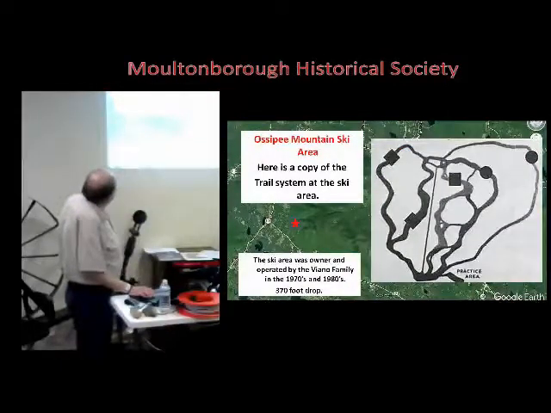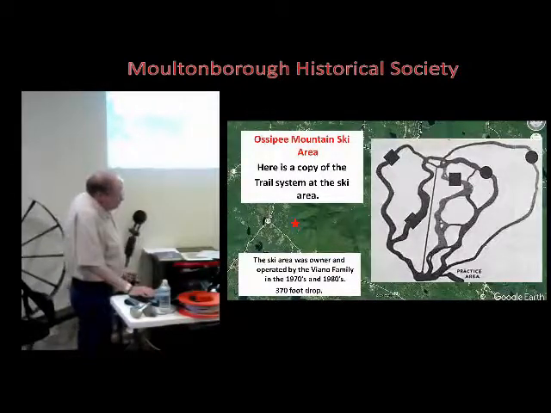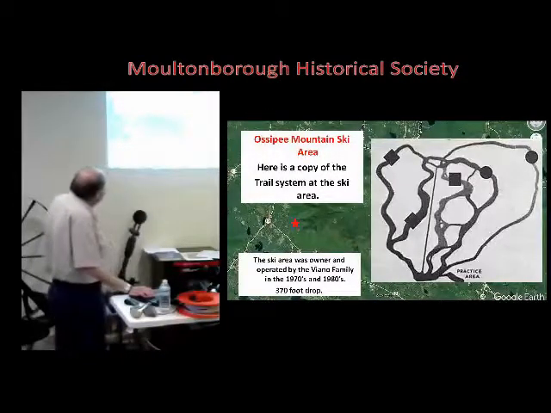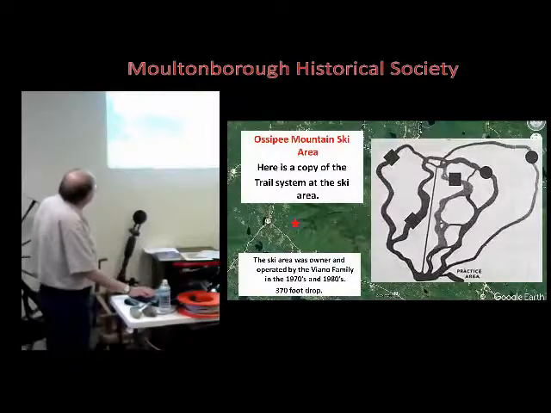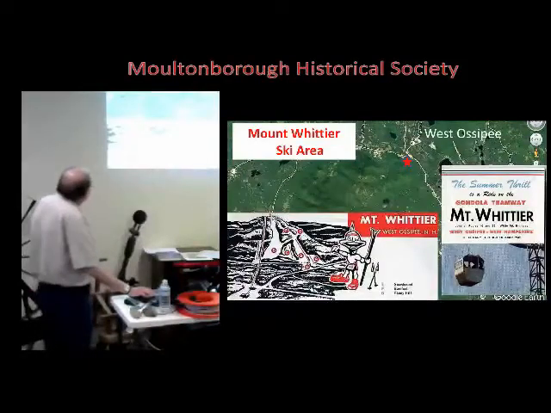Here's a copy of their trail map, and the ski area was owned and operated by the Viano family from the 1970s through the 80s, maybe the early 90s, and had a 370-foot drop. I remember going there and skiing. Me too. It's cheap, $9 a day.